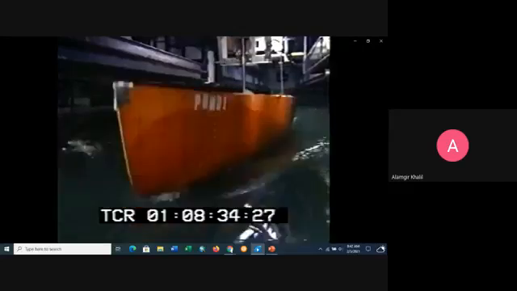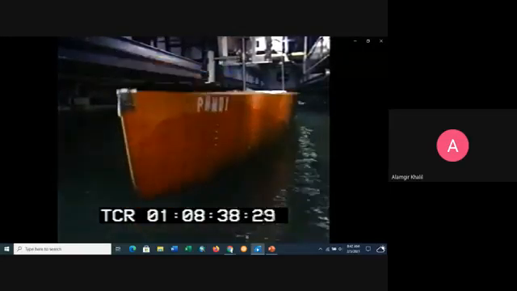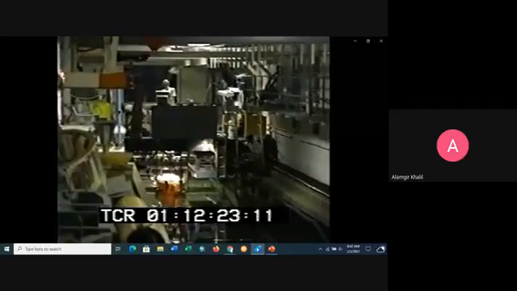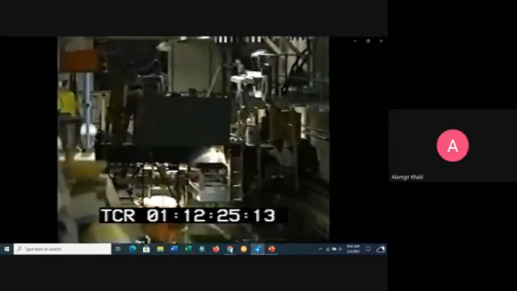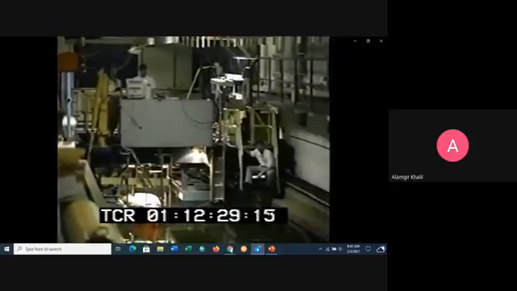The idea here is to evaluate the design parameters, that if it is subjected to different flow conditions, what is the behavior. You can see here the whole setup.